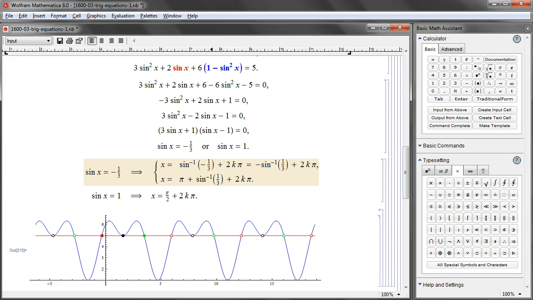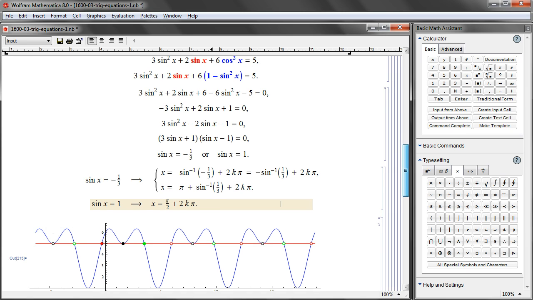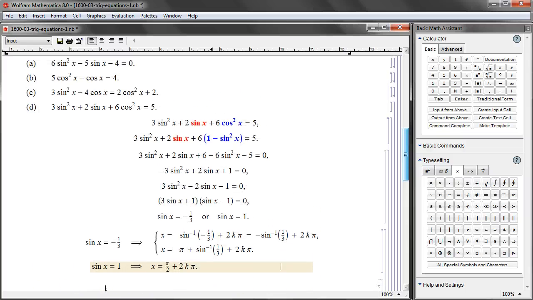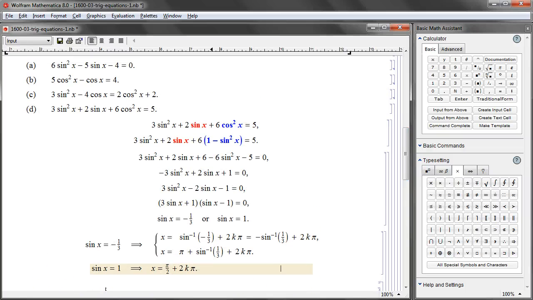And when x equals pi over 2, that's the solid black dot here. Those solid dots are reproduced in the next period, and then the next period, and then the next period, and so on, as we move to the right. To the left, again, the same thing. So here's the visualization, and here's the whole solution.